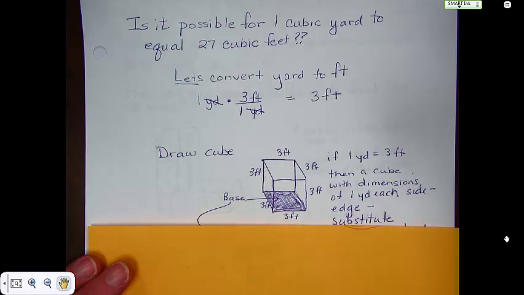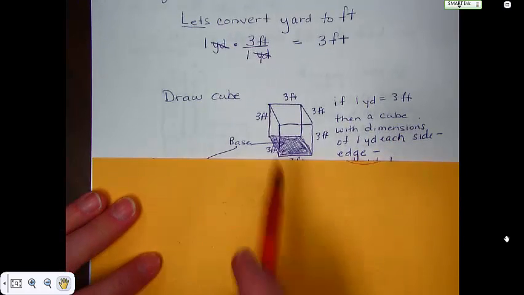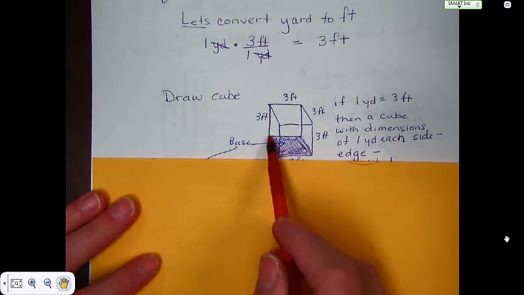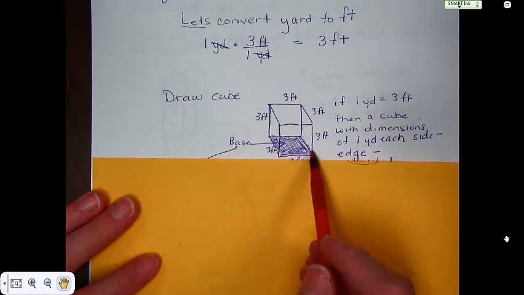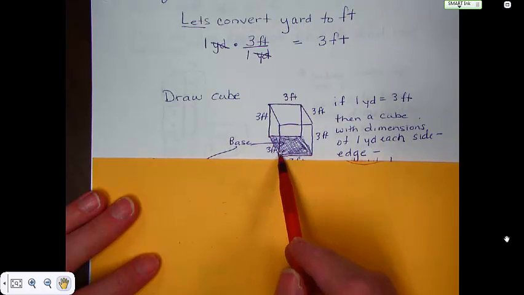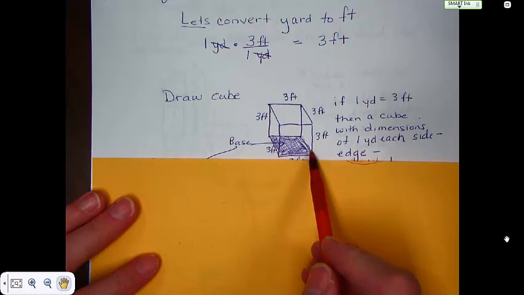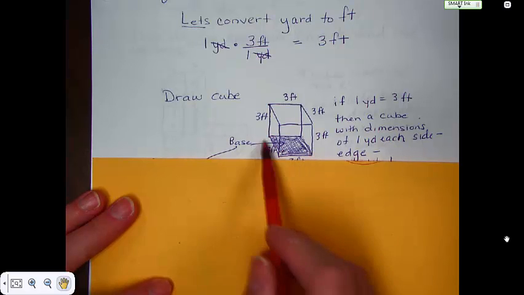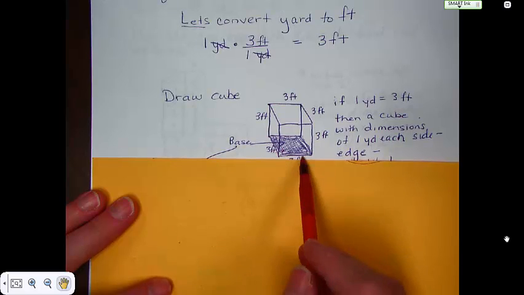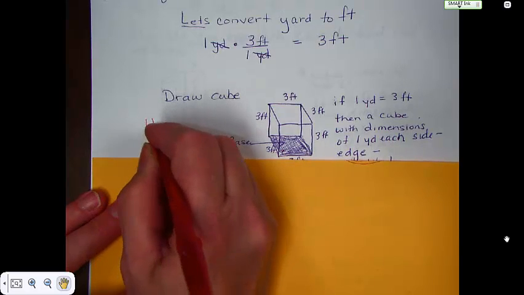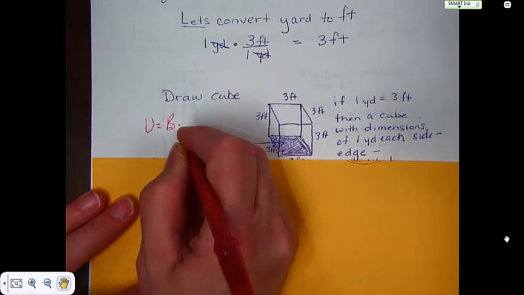If we draw a cube, and we make the cube have a yard by yard base. So here's a yard, here's a yard. 3 times 3 is 9. That's your base. Your formula says volume is equal to big B times height.